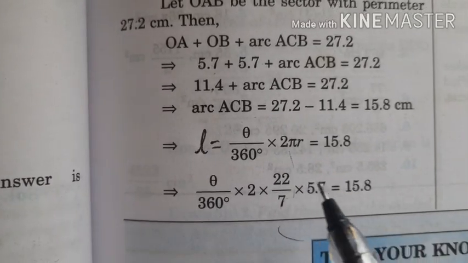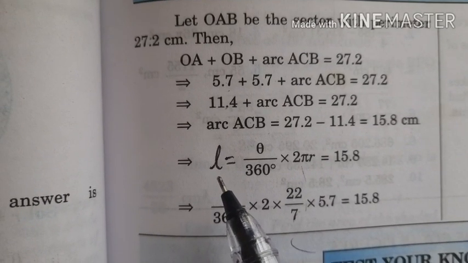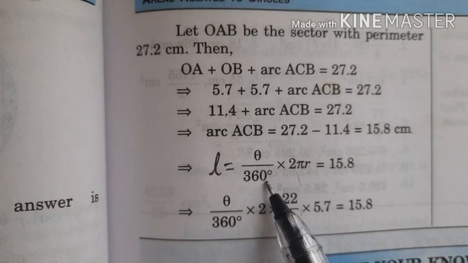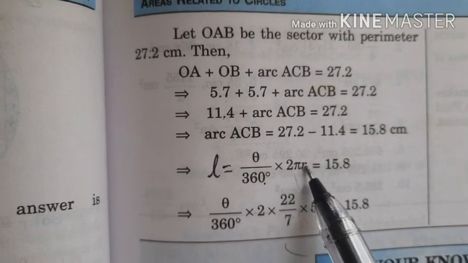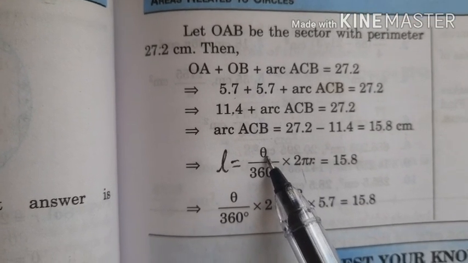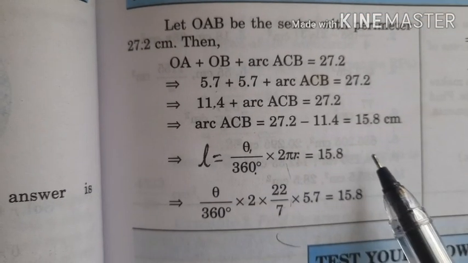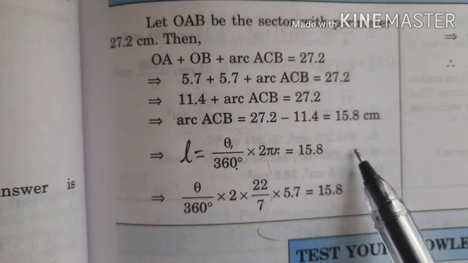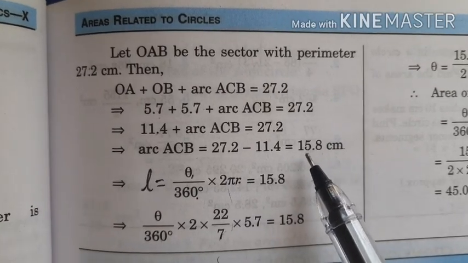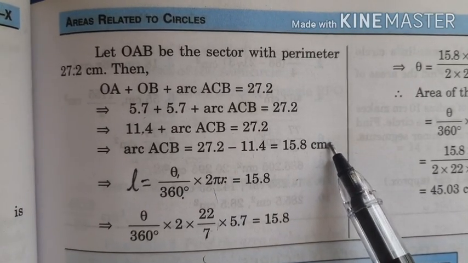Okay, we have the formula length of the arc. For 360 degree, the length of the arc is 2 pi r, and for theta degree, how much is the length of the arc? We have this formula. So, we know that the length of the arc is already 15.8 centimeter.